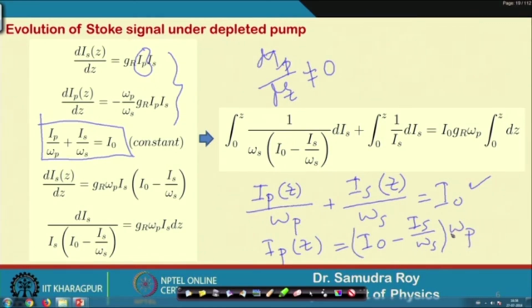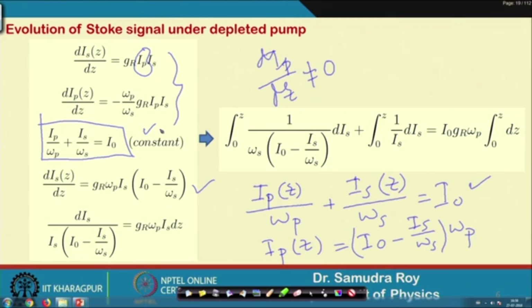Now if I replace this I p here, which we have done in this line, you can see that the equation depends solely on I s. The left hand side has I s, the right hand side has I s. So now we need to solve this simple differential equation. I decoupled this by using this equation, which suggests that the total photon number remains conserved. From that we can decouple one equation which is related to the signal, and then we are in a position to solve it.